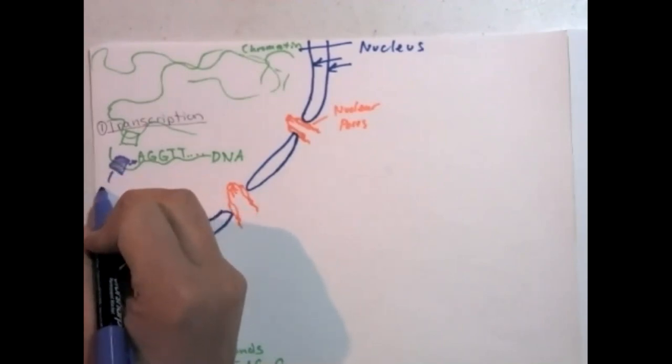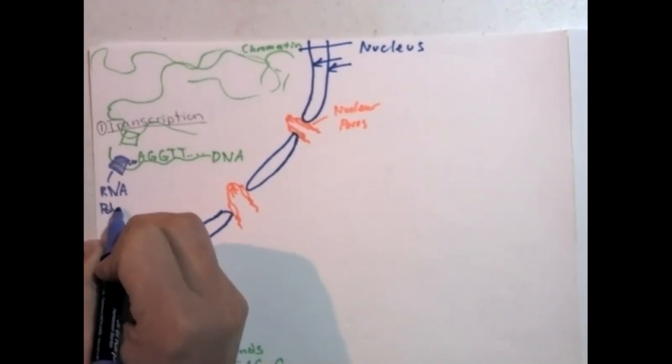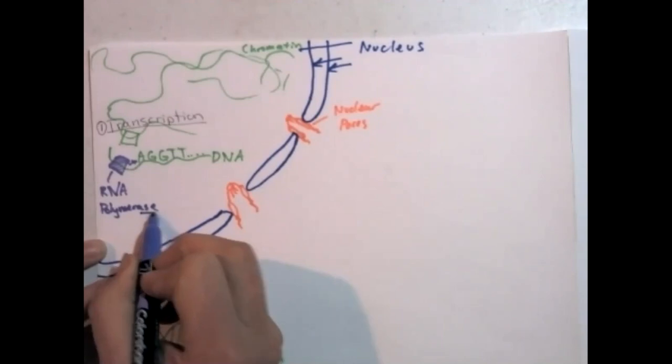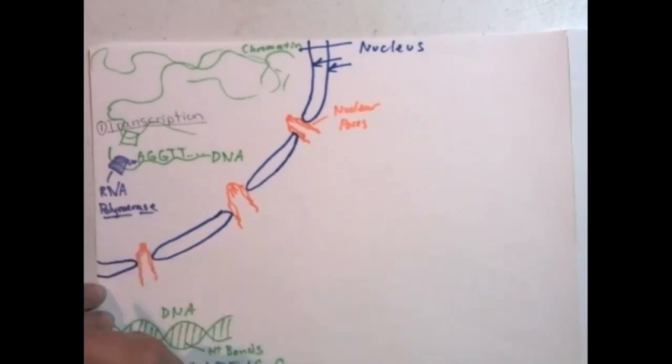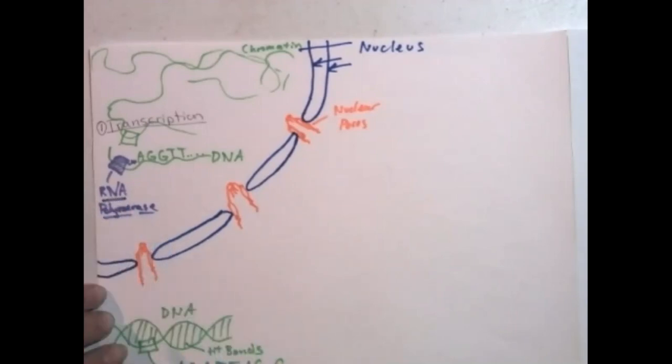The enzyme is called RNA polymerase. Ase implies enzyme. Polymer is what it's doing. A polymer of what? It's making a polymer of RNA.